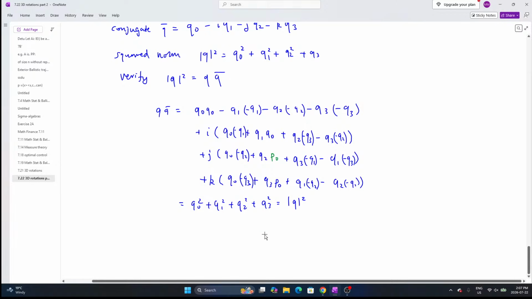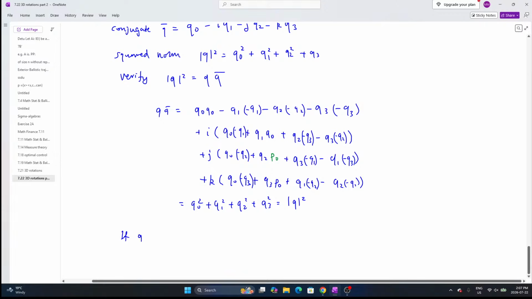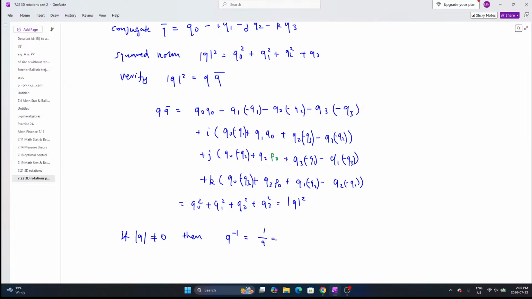And once you have that, just like in complex numbers, you can use this identity to construct the expression for the inverse. So if Q norm is non-zero, then you can write Q inverse, the multiplicative inverse of Q, this way: 1 over Q, and you multiply Q bar on top and bottom, so it's Q bar over Q times Q bar.